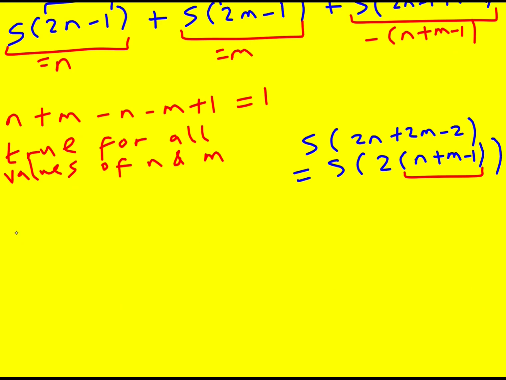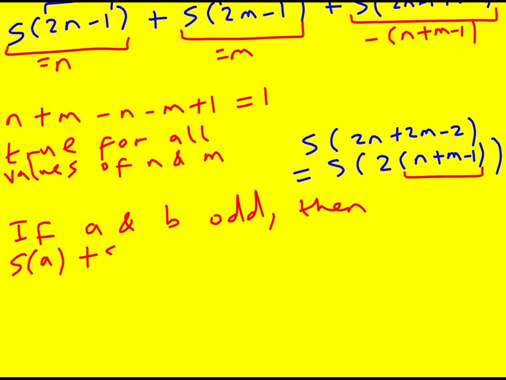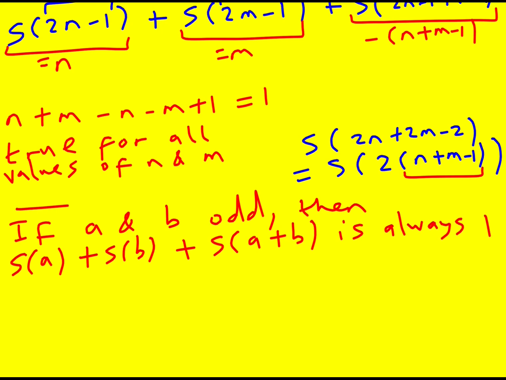What this means is if a and b are odd, then s of a plus s of b plus s of a plus b is always 1. Okay, that's quite a nice result, and we've proven it.